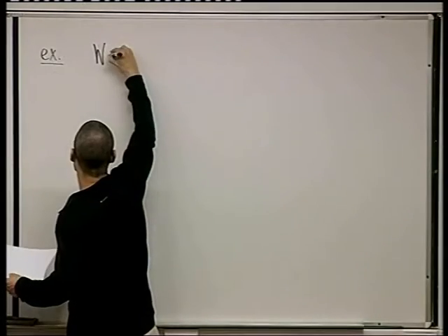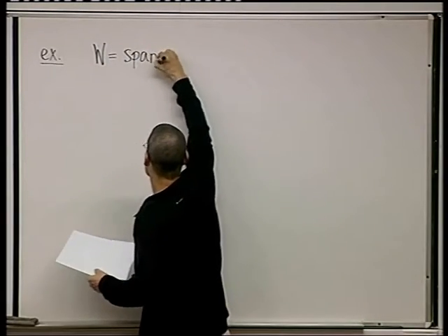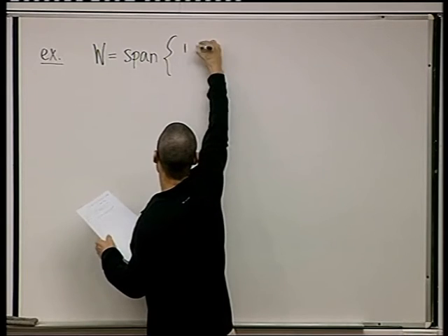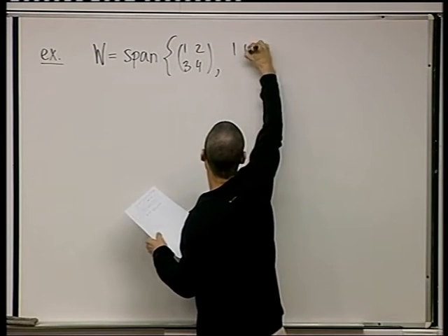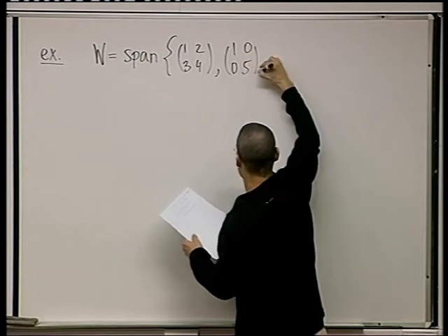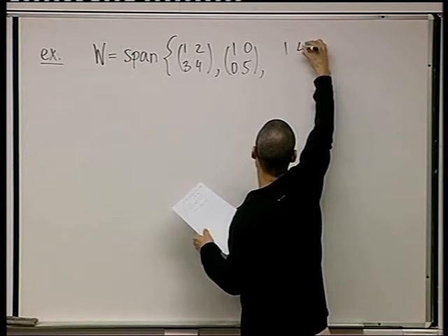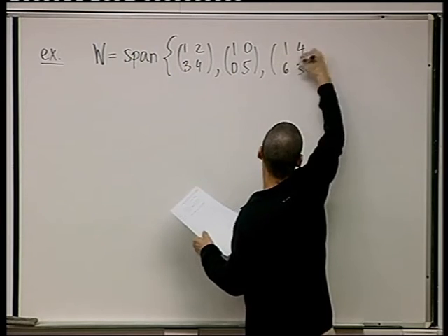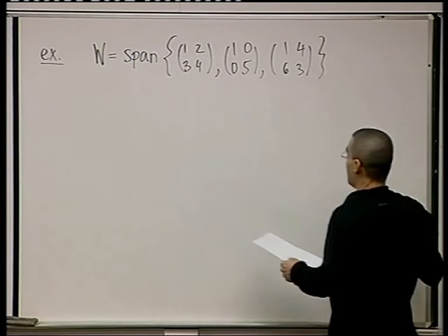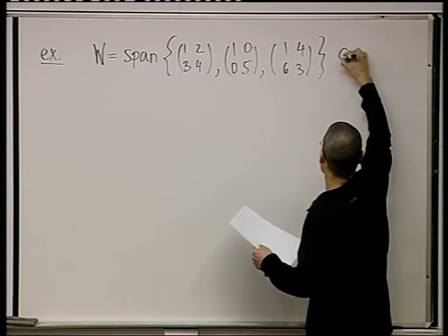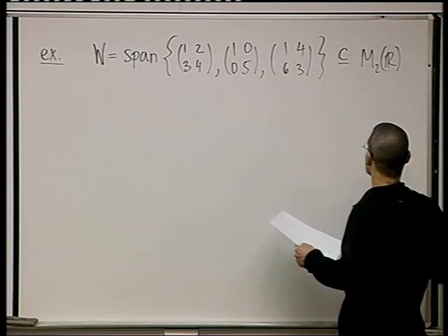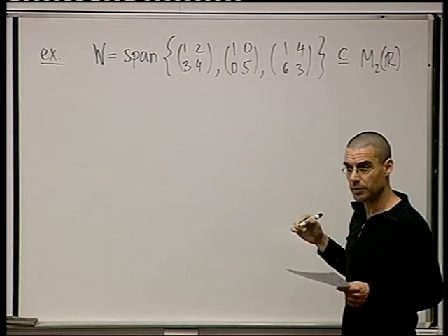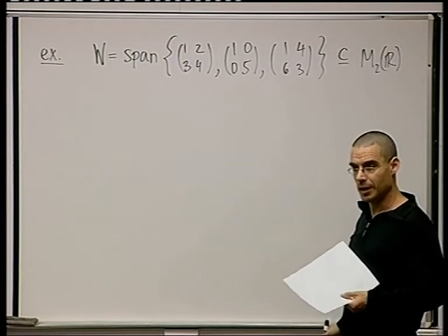Suppose W is the span of three 2x2 matrices. We may have had this specific example before. I'm recycling examples. Recycling is a good thing, right?